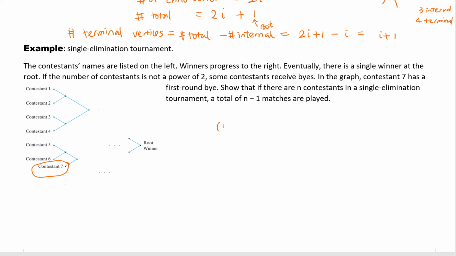Okay, so what are the contestants? Contestants correspond to the terminal vertices. And the matches correspond to the internal vertices.